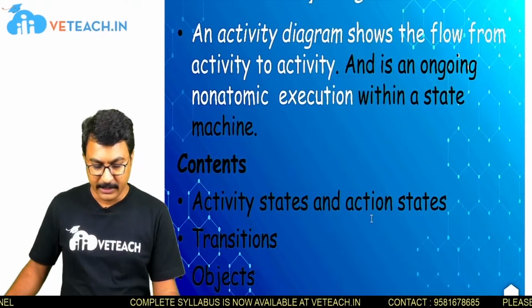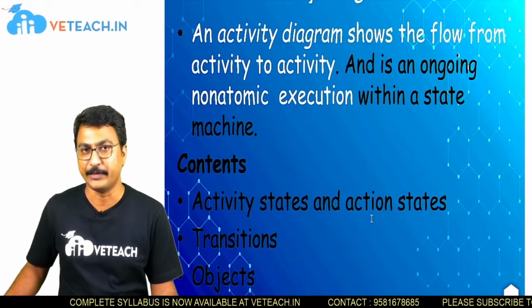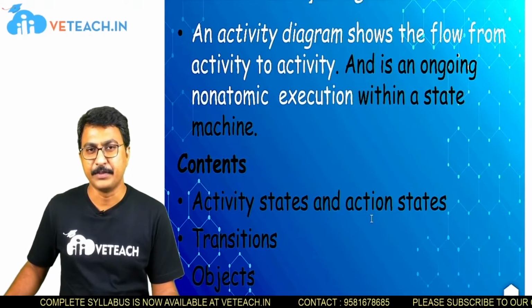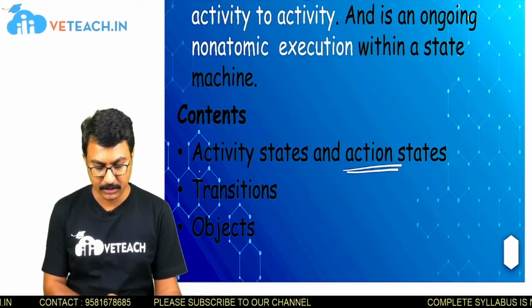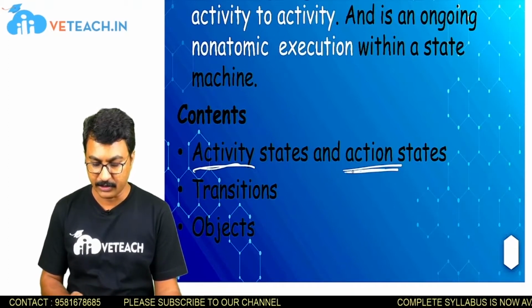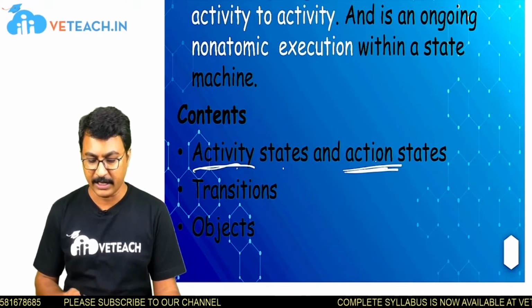Specifically, an activity is an operation that is taking place. That can be represented as an activity state or an action state. So an activity diagram consists of activity states and action states.